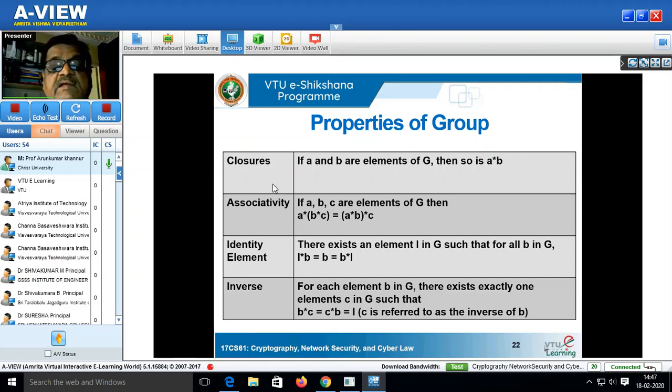So, in the set G, when we carry out the operation star on elements of G, if it is fulfilling closure property, associative property, identity element and inverse property, then that particular set is referred to as a group.